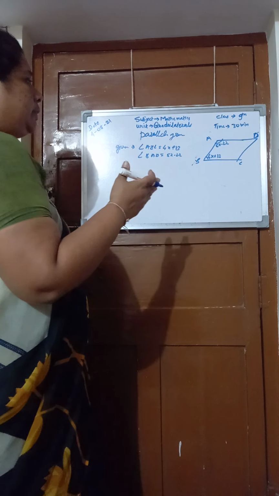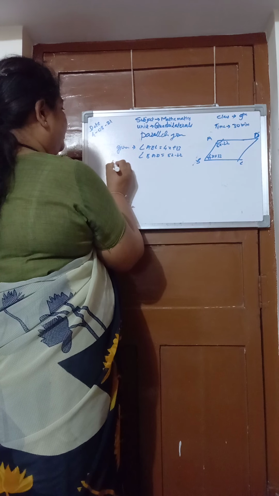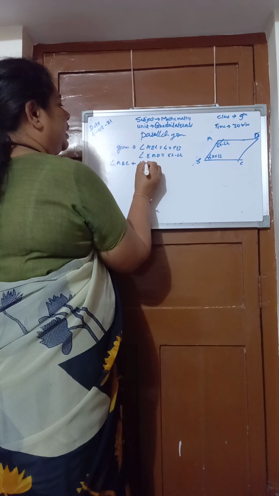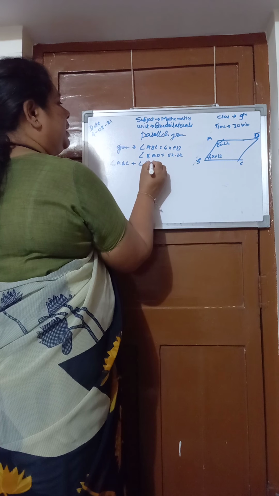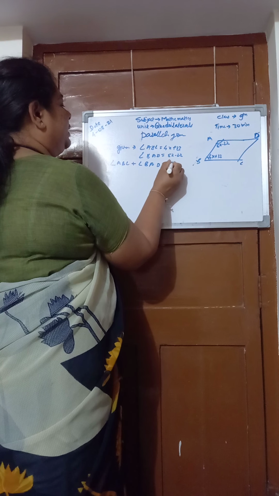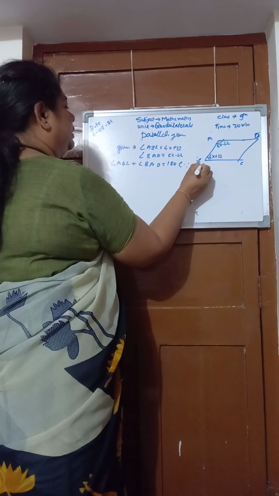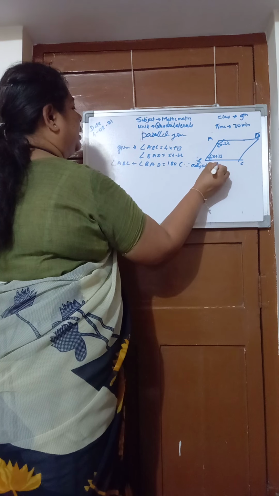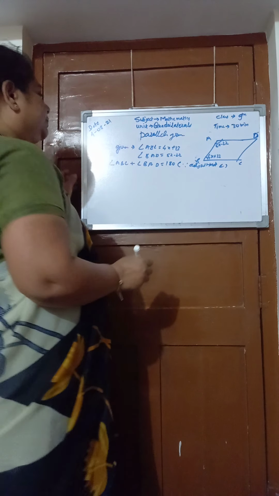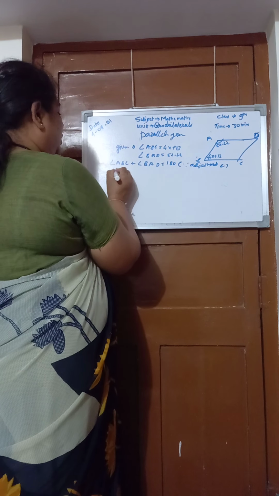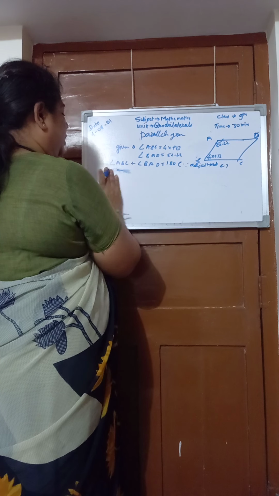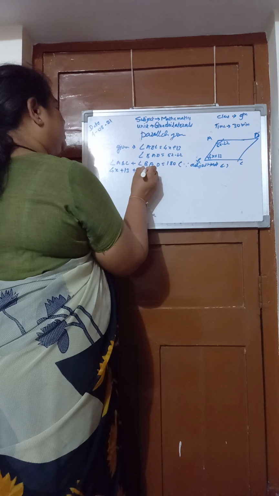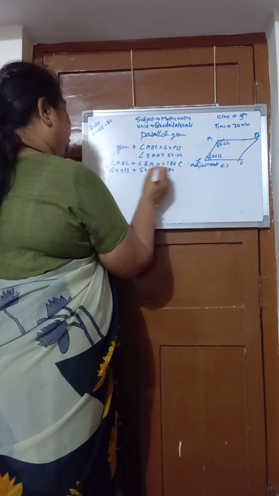Then put this value, that is angle ABC plus angle BAD equal to 180 degree, adjacent angles. Put the value: 4x plus 13 plus 5x minus 22 equal to 180 degree.